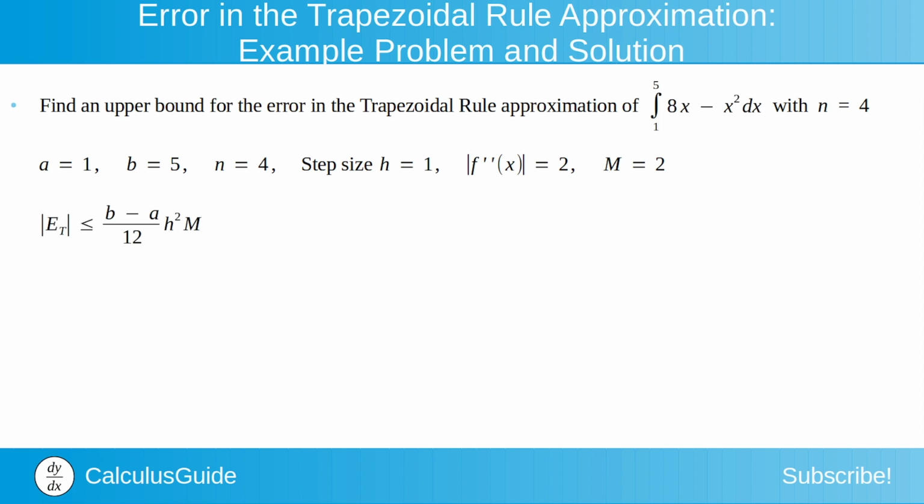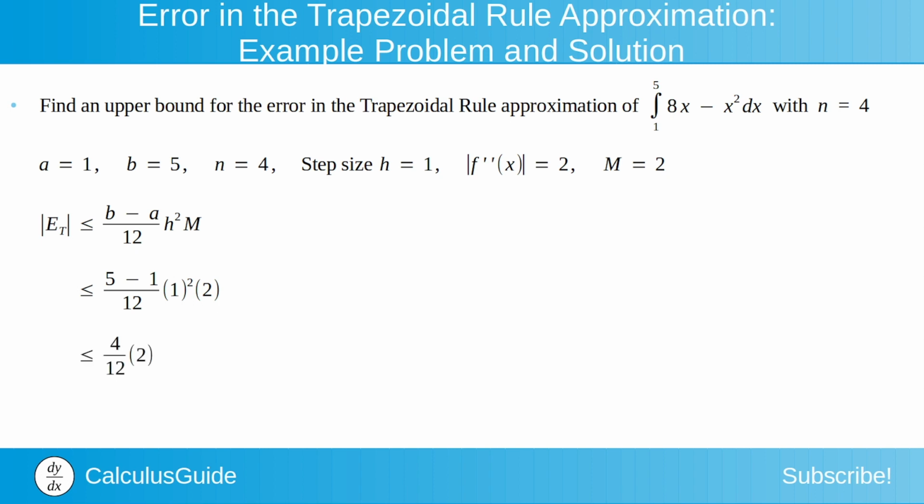The absolute value of the error in the trapezoidal rule approximation is less than or equal to b minus a over 12 multiplied by h squared multiplied by m. This is less than or equal to 5 minus 1 divided by 12 multiplied by 1 squared multiplied by 2.